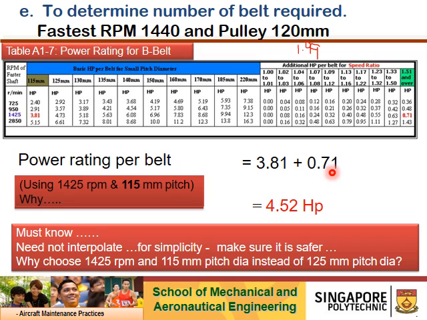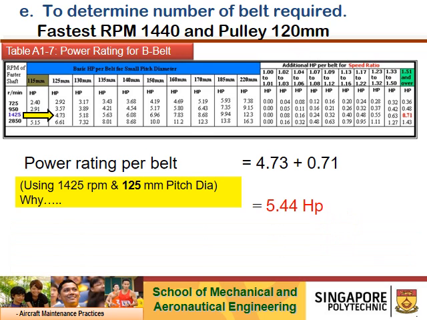Same row 1425, I move down and get 0.71. This is the additional horsepower per belt. So 3.81 plus 0.71, using 1425 RPM and 115 mm pitch, I get 4.52 horsepower per belt. Why do I need to find this value? Very simple. Using this value, I get my design power.